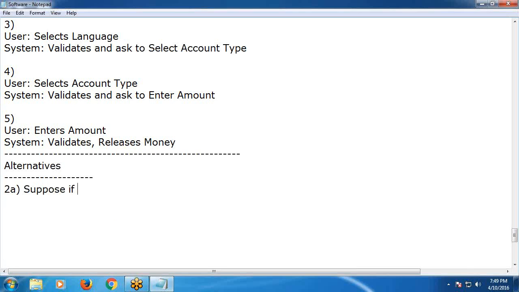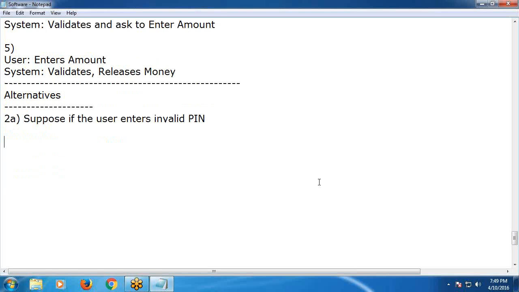Tell me, what will happen? System should reject. This is alternate flow.